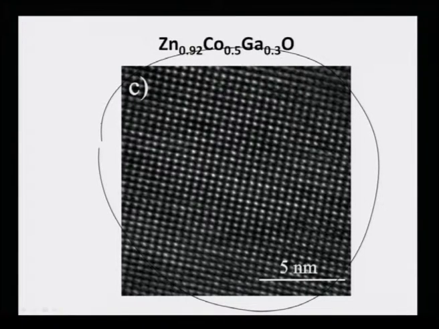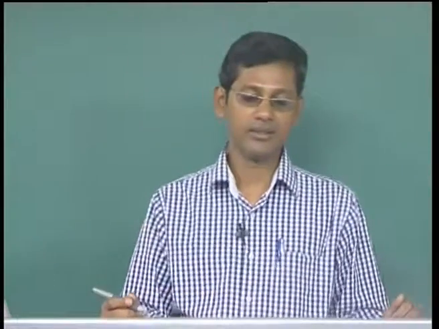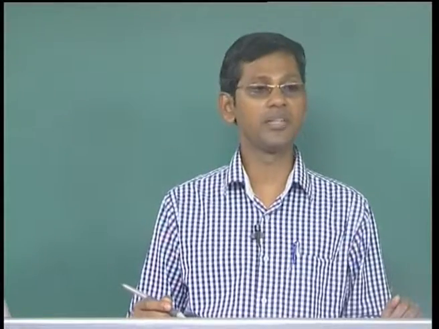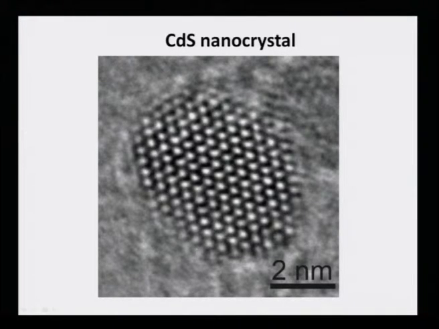These images are taken in normal conventional high resolution electron microscopes with field emission gun controlled machines. The next image is again taken from a CdS crystal, cadmium sulfide, where you can see very small crystallites of approximately 4 to 5 nanometer diameter, where each white dot signifies a column of atoms. Similarly, black dots which are not observed clearly also signify a particular column of atoms.